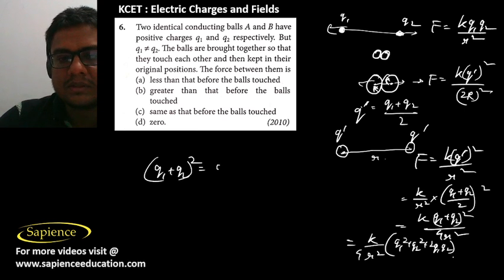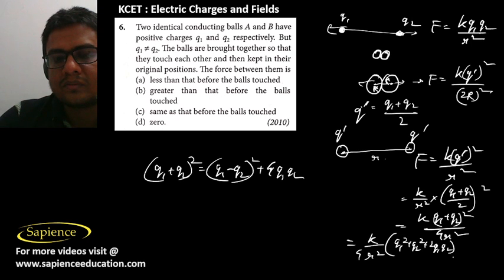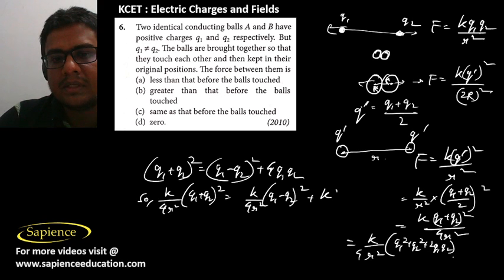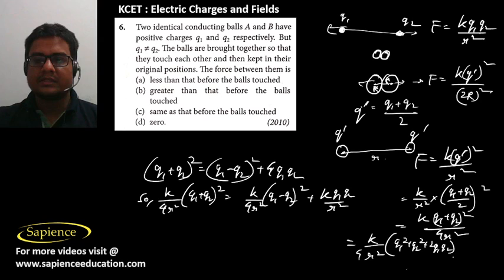We can write it as q1 minus q2 whole square plus 4q1 q2. So we can say that k by 4r square into q1 plus q2 whole square will be equal to k by 4r square into q1 minus q2 whole square plus k q1 q2 by r square. So it means that this is higher.